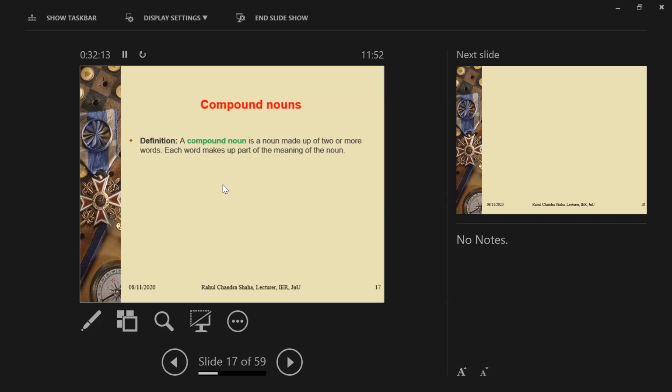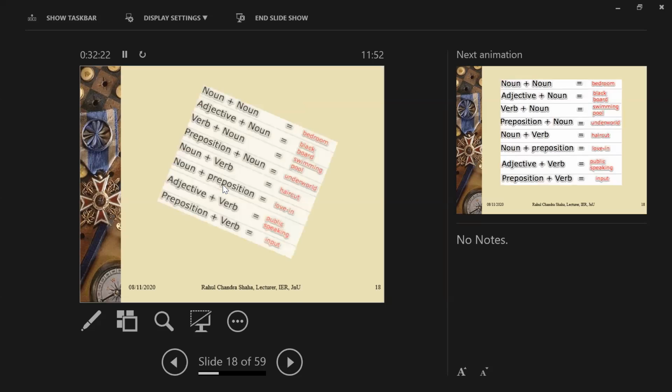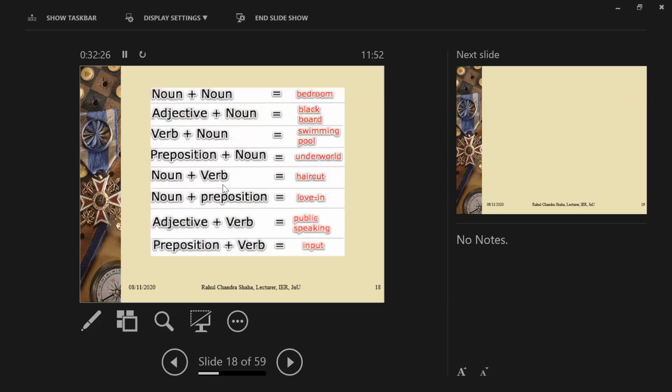That means when two noun words are making a word, or being used in a sentence, it is called a compound noun. For example, I presented some nouns, some words with the alignment of the collocations and elements of the compound nouns. And this example, I hope, will help you to better understand what I am saying.